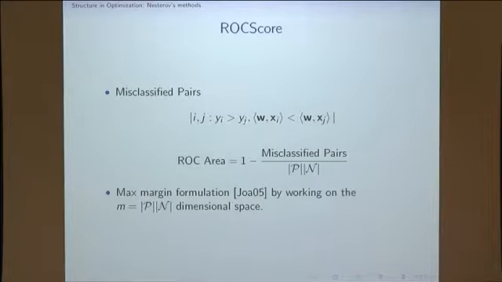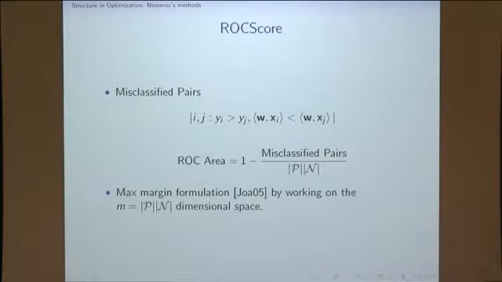Suppose yj is a negatively labeled point and yi is a positively labeled point, but your model is giving a lower score to xi as compared to xj. So the ROC area is basically defined as 1 minus the fraction of such misclassified pairs. Here script P is the class of positive points and script N is the class of negative points.